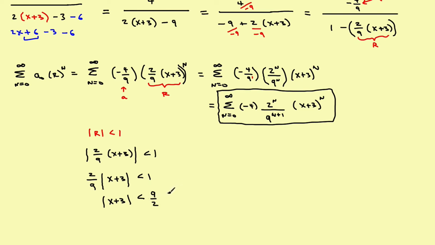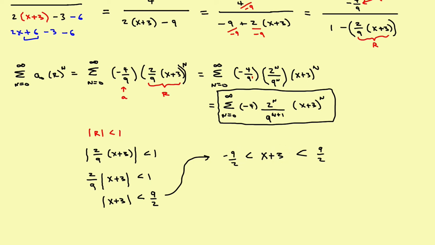Okay, now I think we'll scoot this up here. So that means that x plus 3 has to be less than positive 9 halves, and it has to be greater than a negative 9 halves.